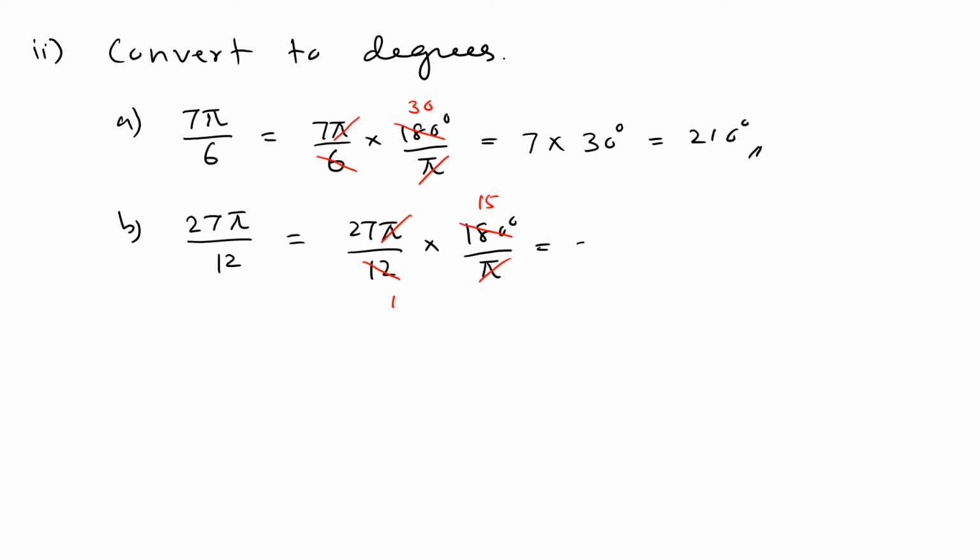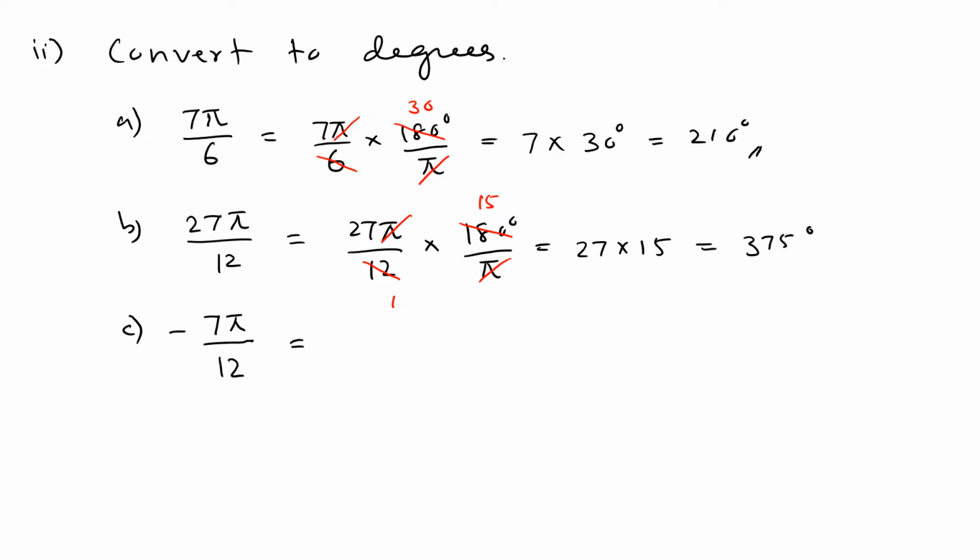So then you have 27 times 15, which is 375 degrees.